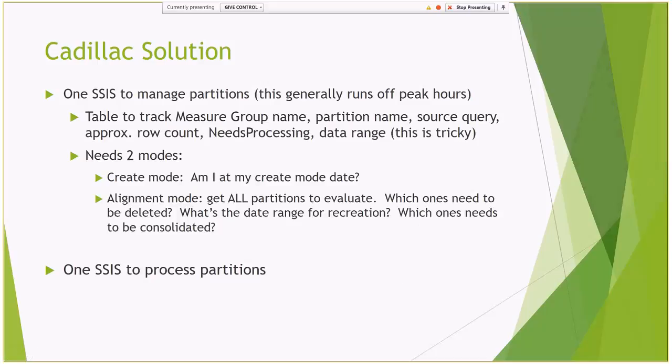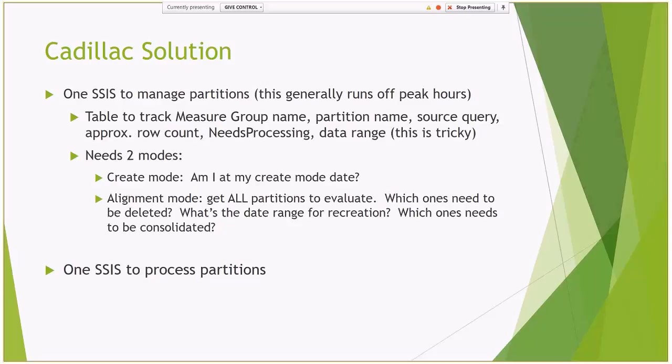And the second mode is a tricky one, which is an alignment mode. Alignment mode will go through your table and look at all your existing partitions and say, do I have a name match?